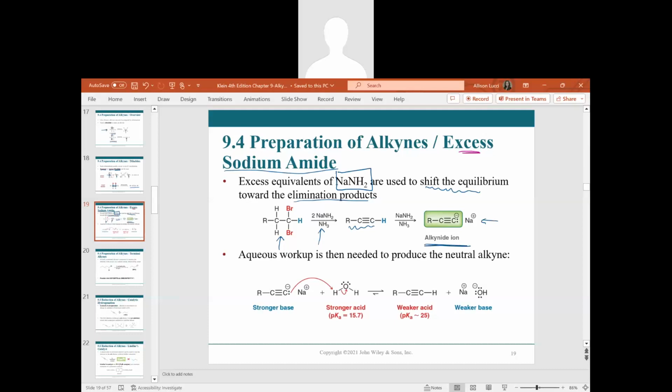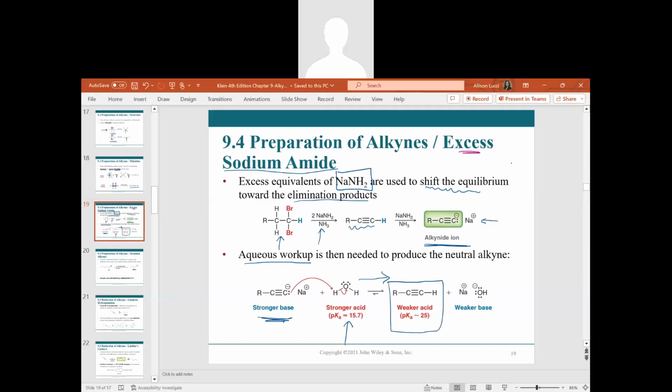And then we use an aqueous workup such that hydrogen will protonate the alkynide ion. And we end up, right, with this equilibrium showing us a preference for our weaker acid, which is listed here.